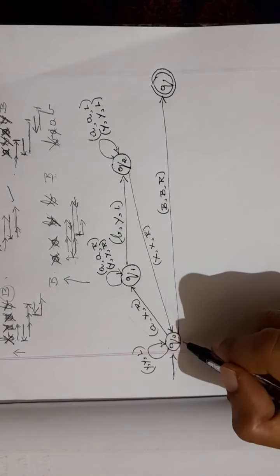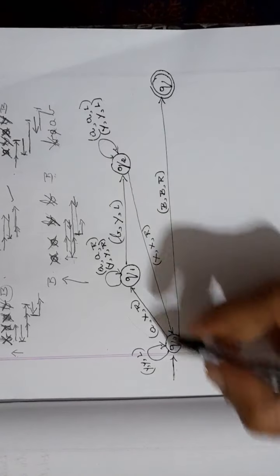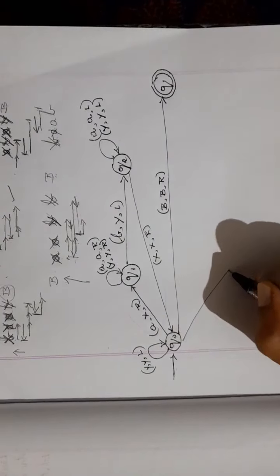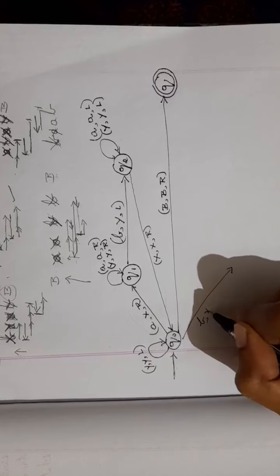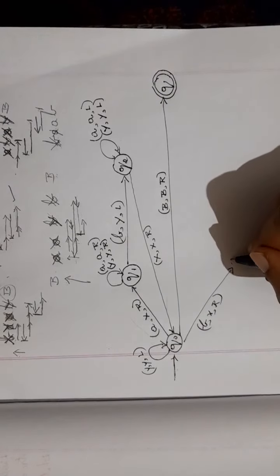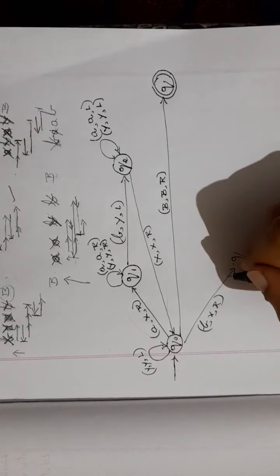to B. So Q naught, I am reading B, change it to X and move right. So here I have A, here B. So if I have B, I'll change it to X and then I will move right. So I'll go to next state. So Q2, Q3.